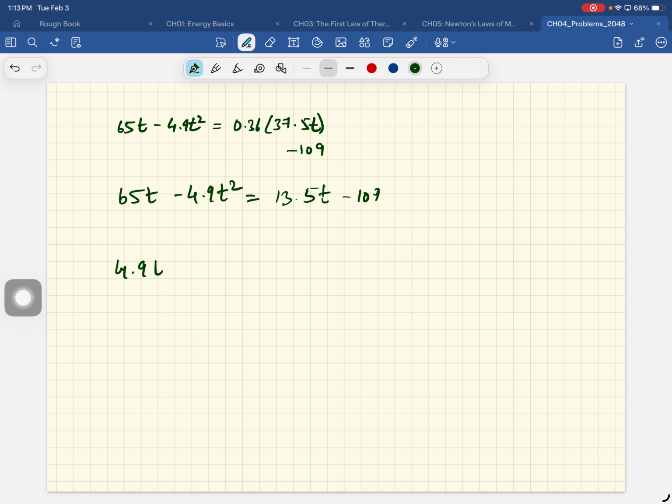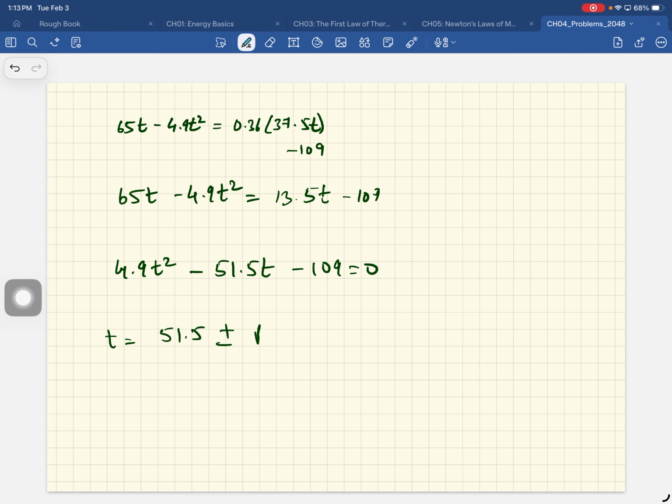All right, now that we have this time, we can put it in here and calculate the x and y coordinates. So the x coordinate is 37.5 times 12.32 seconds. And the y coordinate is 65t minus 4.9 t squared.